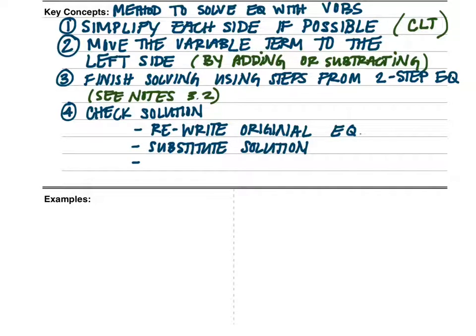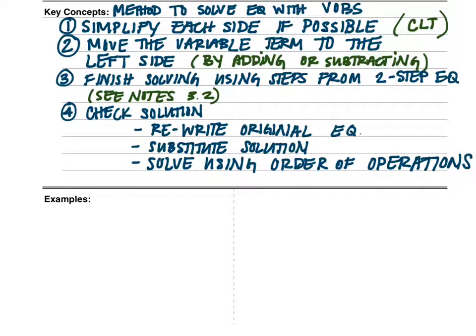Once we've substituted the solution into the original equation, we're going to want to solve using the order of operations. So we are only simplifying using order of operations. We are not solving this again. We shouldn't be moving terms from different sides of the equal sign.